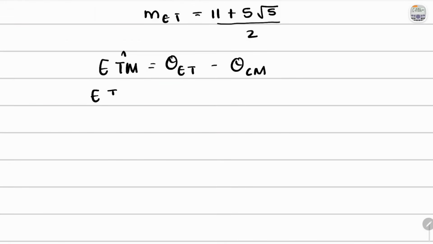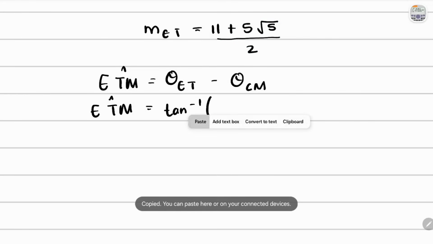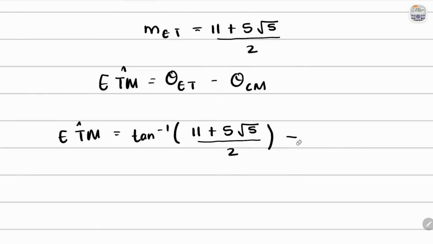We'll simply say ETM is equal to the angle of inclination of ET. That will be shift tan, second function of tan, and then the gradient, which we know is all of this over here. Okay, so we're not going to change that. We're going to try to keep it the same so it will not be a problem or round off where it shouldn't. Okay, and then minus the angle of inclination of CM.